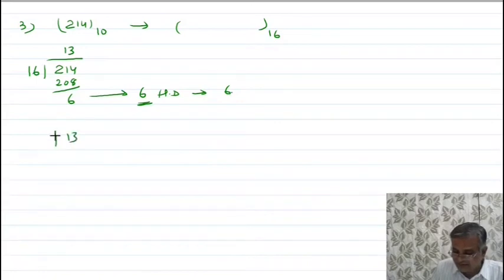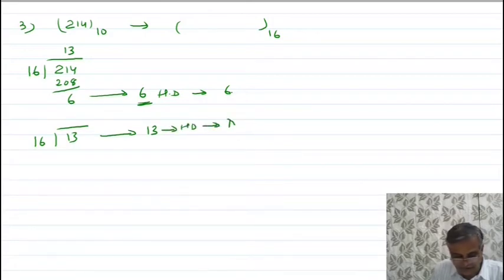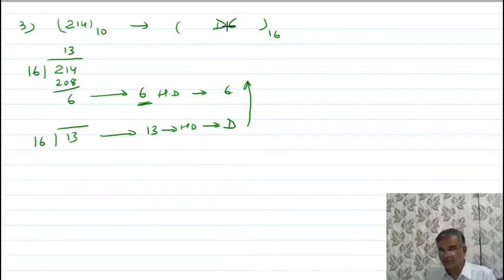Now 13, you cannot divide the 13 further. In the hexadecimal number system, 13 is represented by D. So read up, your answer is D6. Remember, in this way you can convert the decimal number into hexadecimal number.